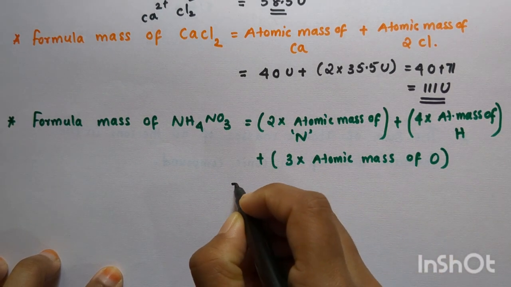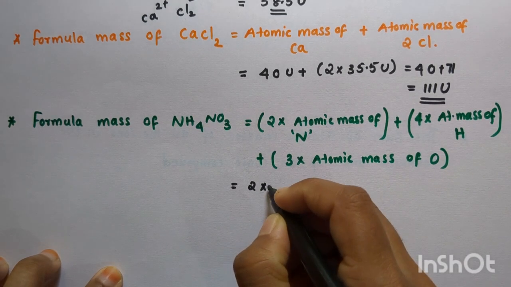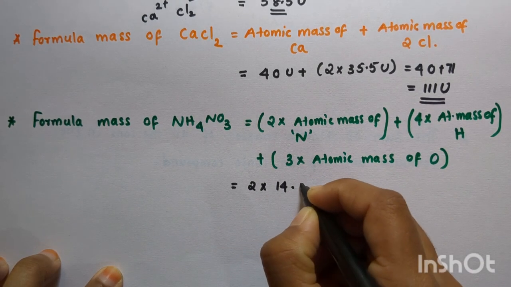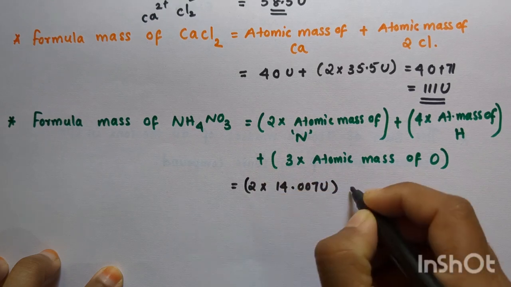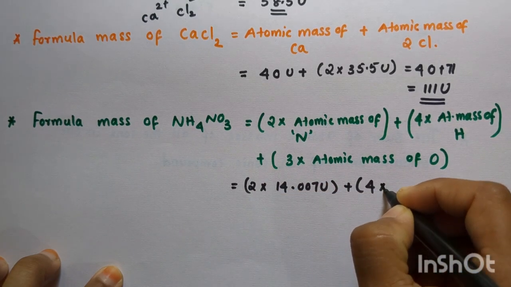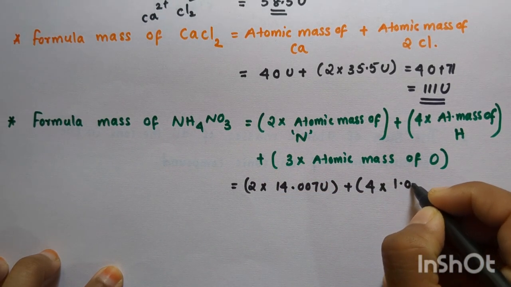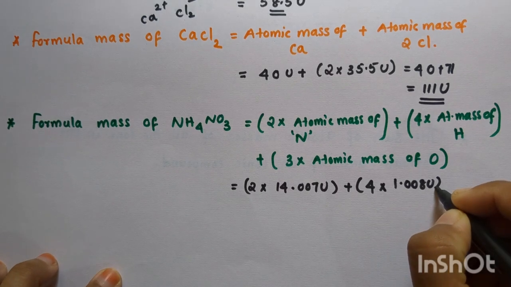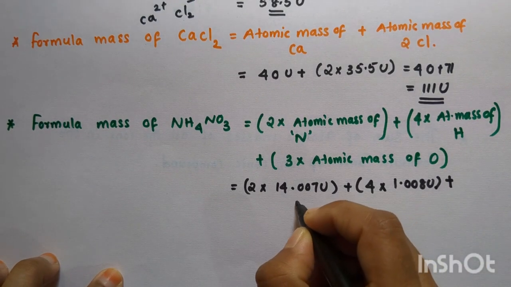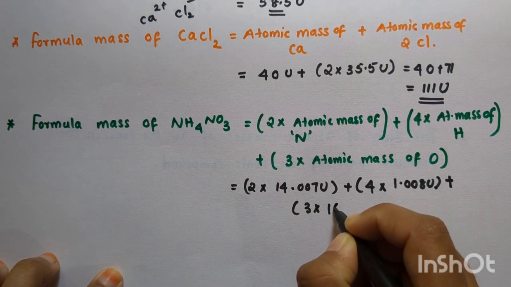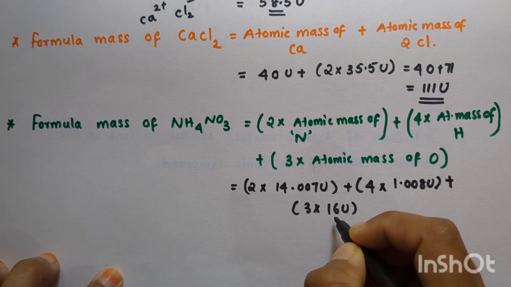You see, this will be equal to 2 into atomic mass of nitrogen, which is almost 14.007 u, plus 4 into atomic mass of hydrogen, which is 1.008 u, plus 3 into atomic mass of oxygen, which is 16 u.